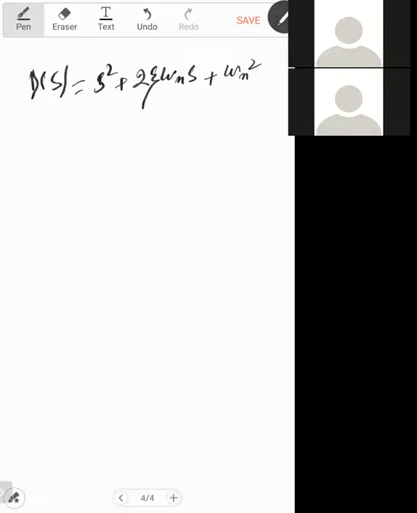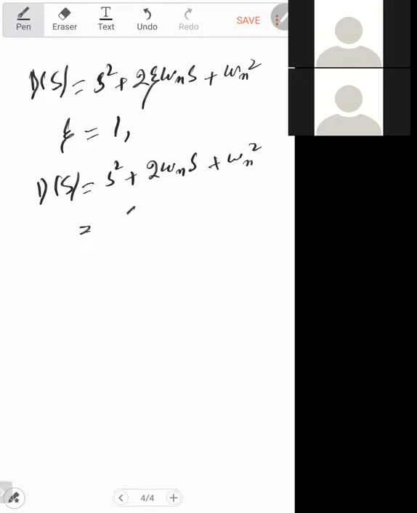So let's say that zeta is equal to 1. Then d of s will become equal to s square plus 2 omega n s plus omega n square. You can say that it will become equal to (s plus omega n) square. So this means that you have two roots at s is equal to minus omega n. So it is along the real axis.